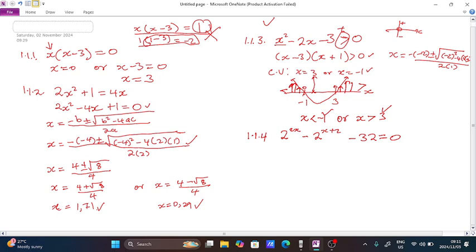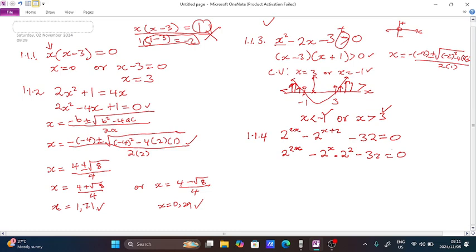Let's make sure that each base has one exponent. So this is 2 to the power 2x, that is one exponent, minus 2, then we must break this to have 2 to the power x as one exponent multiplied by 2 to the power 2, minus 32 equals 0.